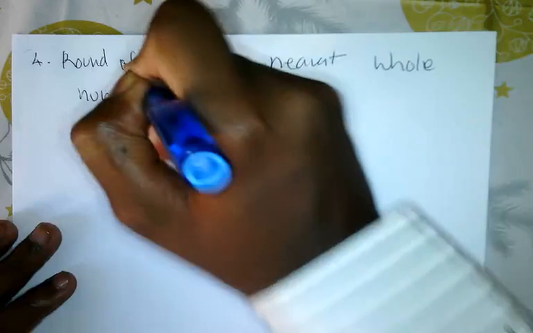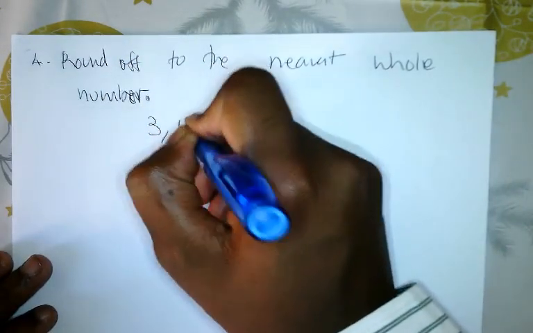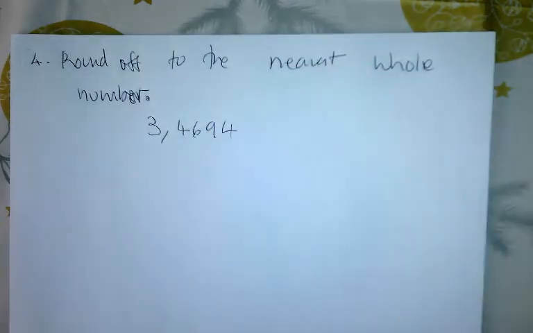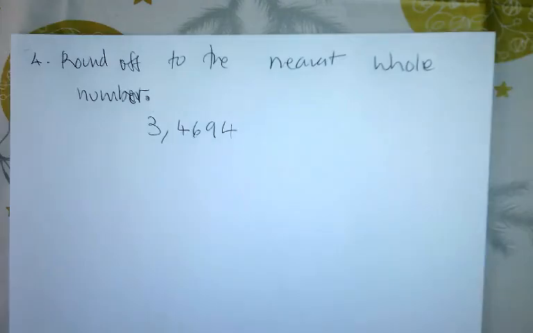The question is 3, what? What will be the answer? Who can tell us? Is it 3, everyone? So the answer, rounding off to the nearest whole number, will be a 3.